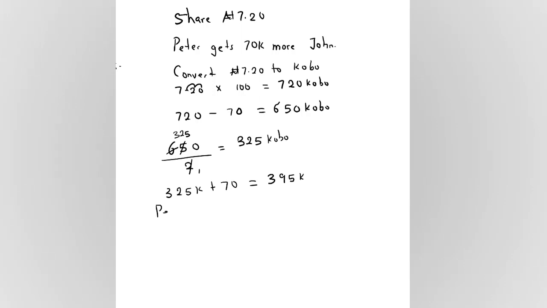So Peter gets 395 kobo, because he gets 70 kobo more than John. This is how you can solve this kind of question. It's very simple.